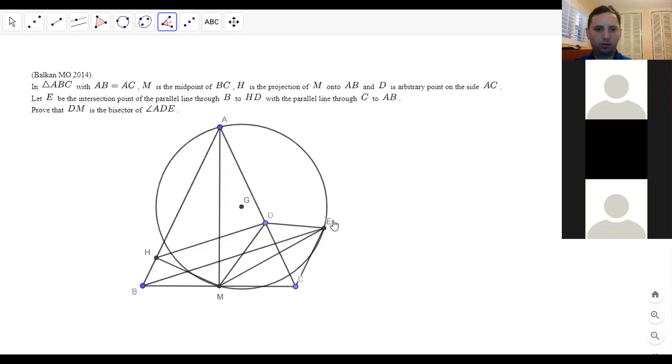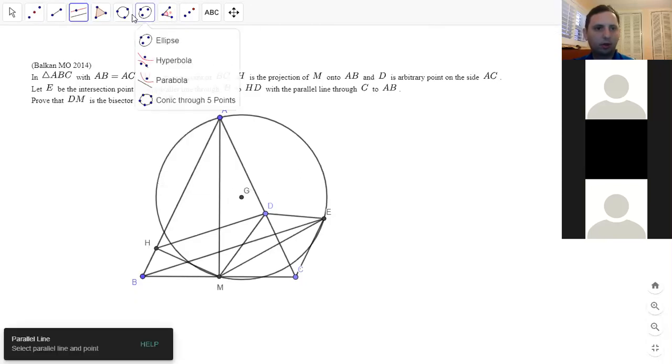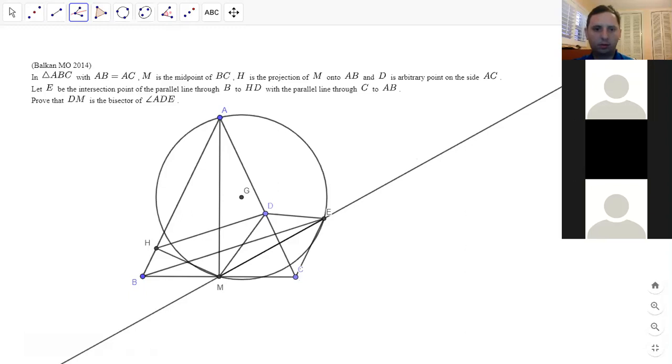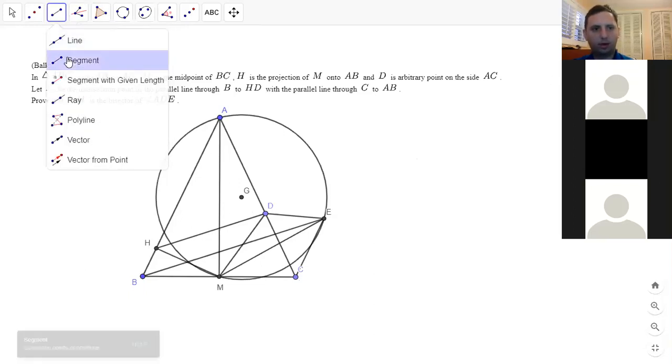So, yeah, why is that? So angle bisector BC. MC is a bisector.